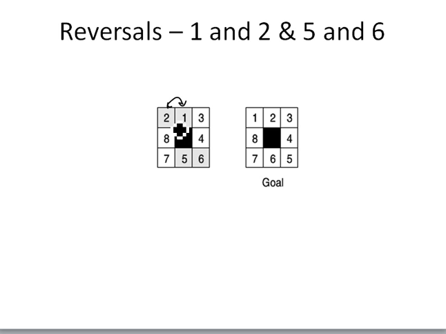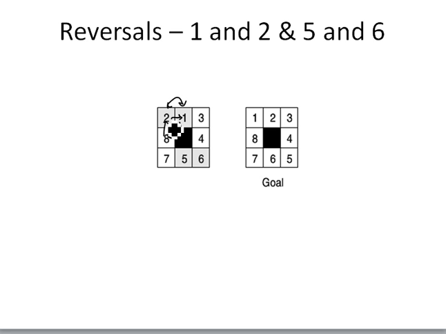But we know that if two wants to move from here to here, one needs to get out of the way first, and then two would come there, and then one has to move up there and up there, so it is two places away from its desired location.